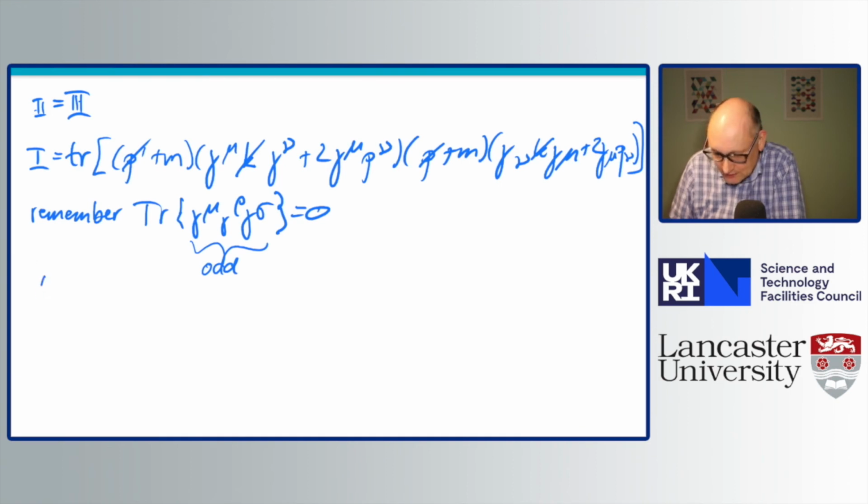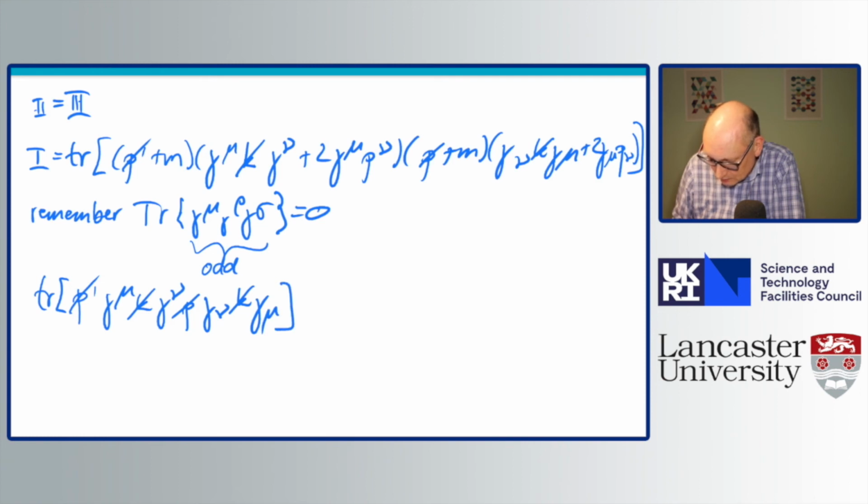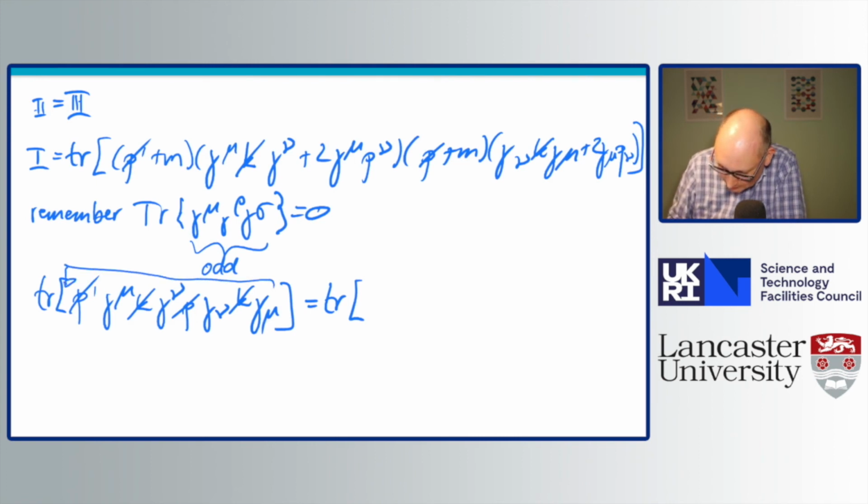So for example, if one has a trace of p slash prime gamma mu k slash gamma nu p slash gamma nu k slash gamma mu, as one would get if one took the first term from each bracket, and one had to evaluate that trace, one would swap the gamma mu all the way here by using the cyclic properties of the trace.